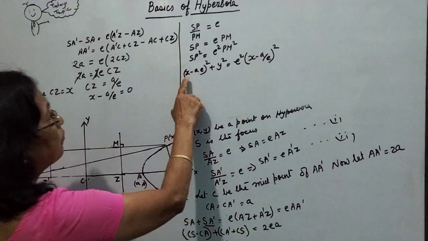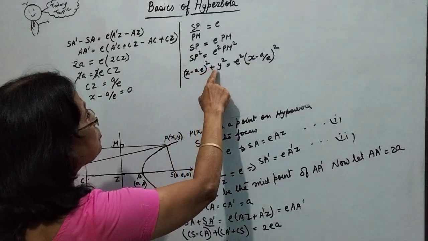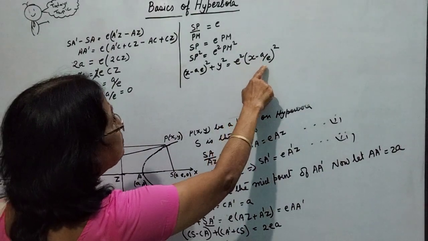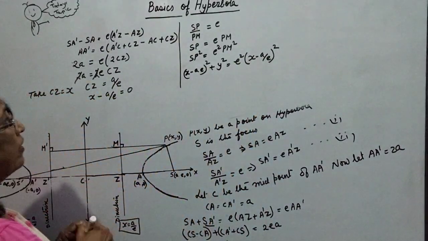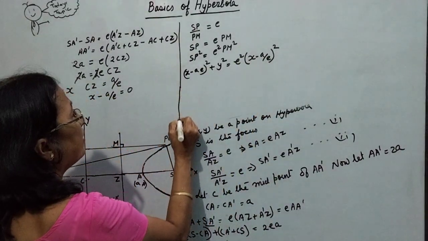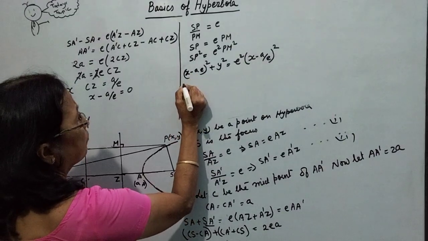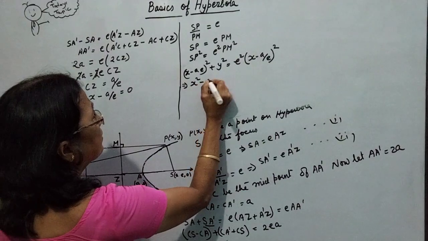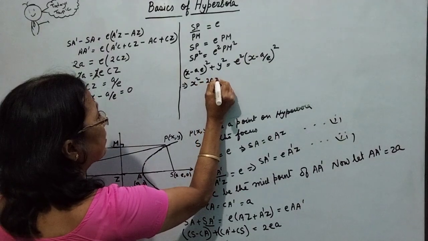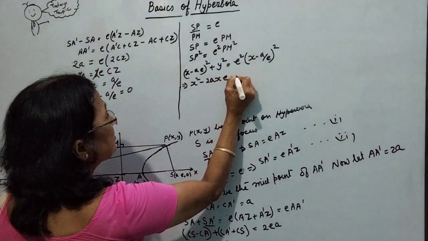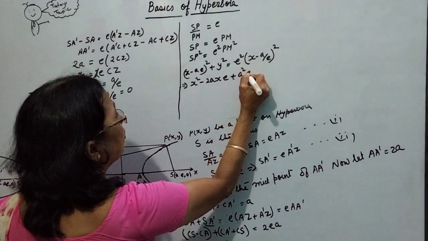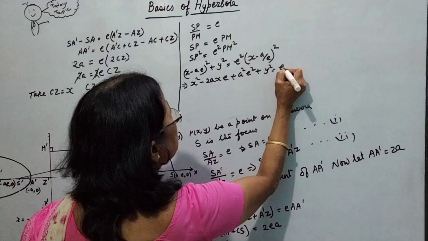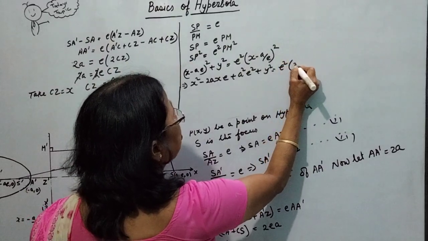Now X minus AE whole square plus Y square equal to E square into X minus A by E whole square. Just expand it. Using the formula of A minus B whole square, we will expand this. X square minus 2AXE plus A square E square plus Y square, and this is equal to E square X square.